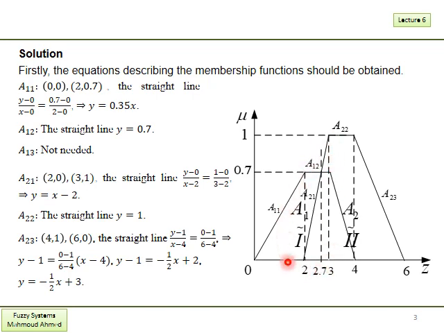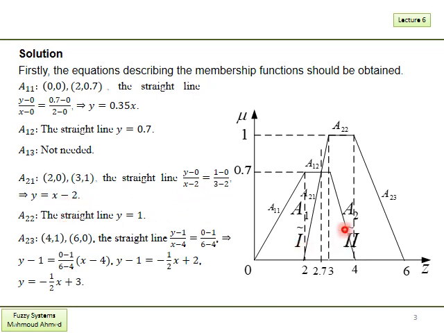So the straight line can be expressed as (y minus 0) divided by (x minus 2) is equal to (1 minus 0) divided by (3 minus 2). So by cross multiplication, y is equal to x minus 2.